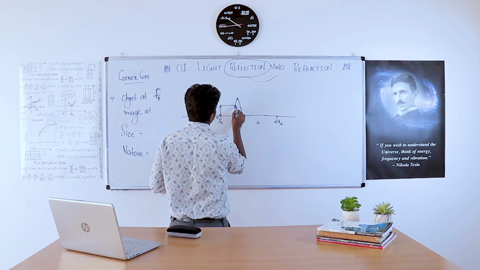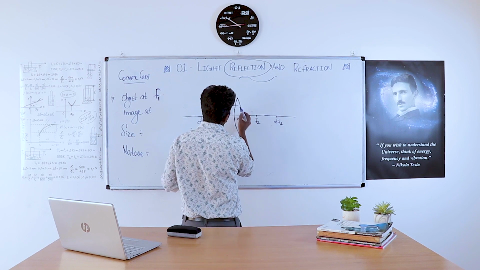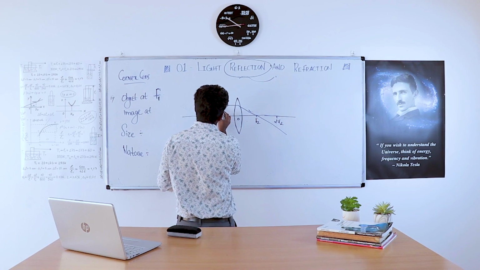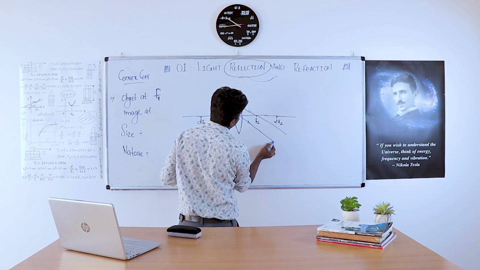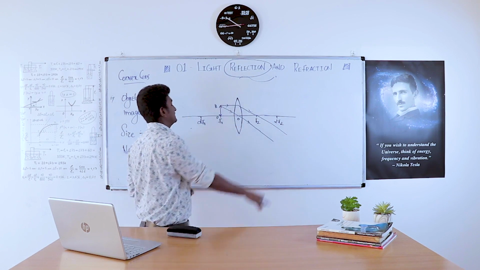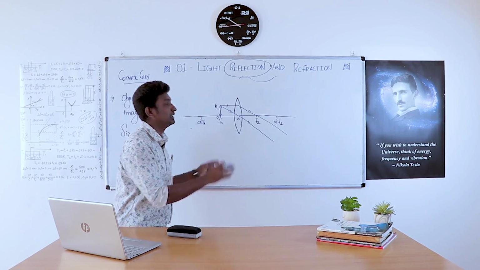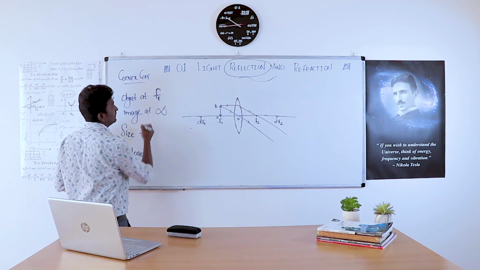First, a ray of light coming parallel to the principal axis, after refraction passes through the focus. Next one, ray of light passing through the optic center passes without any deviation. Now look, these rays are parallel to each other, not meeting here. We assume that it will meet at infinity. So we can say that image is formed at infinity.